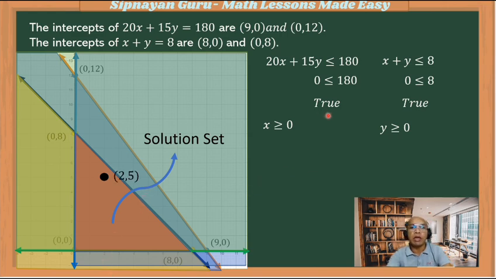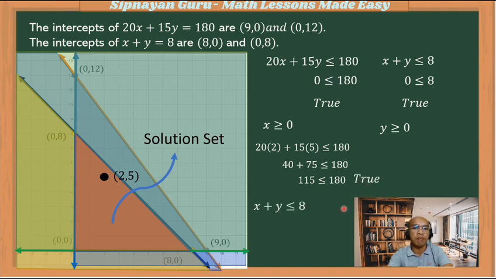And let's try to find the cost. So 20 times 2 plus 15 times 5 less than or equal to 180. 20 times 2 is 40, 15 times 5 is 75. Add, so that is 115 less than or equal to 180, and still that makes the statement true.